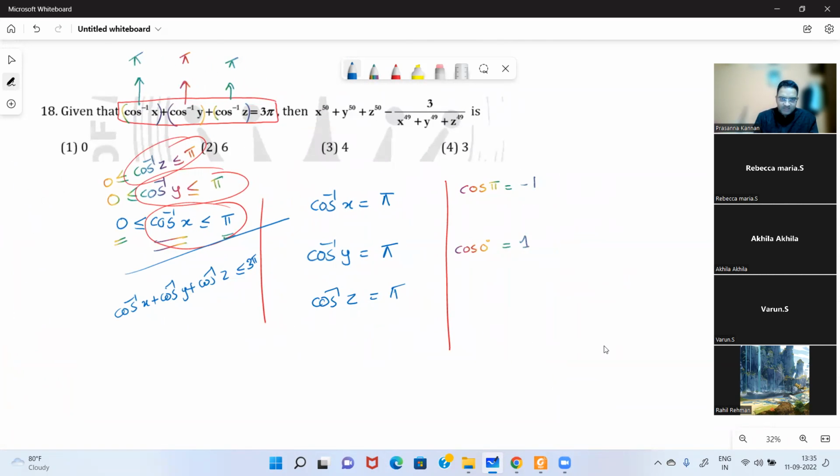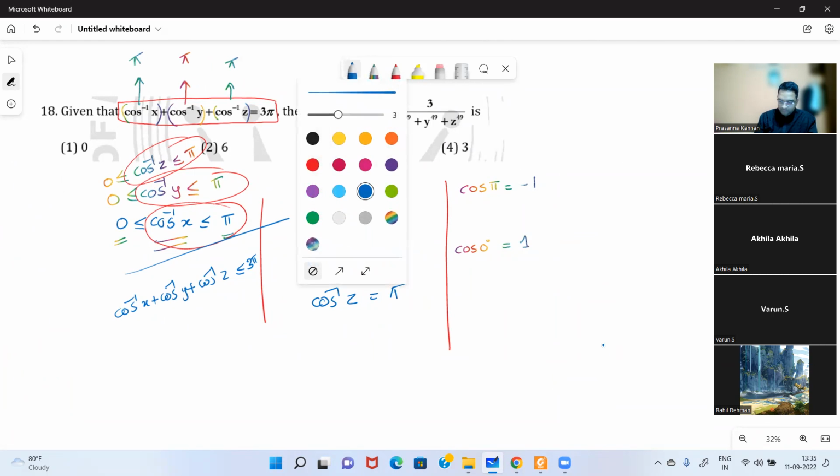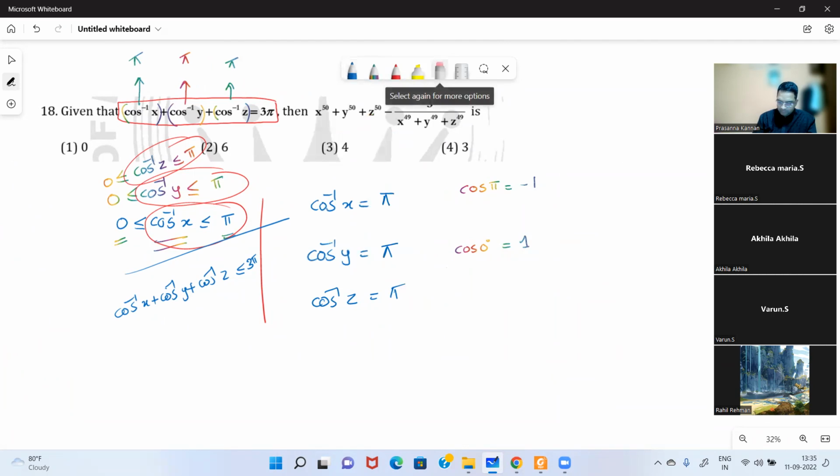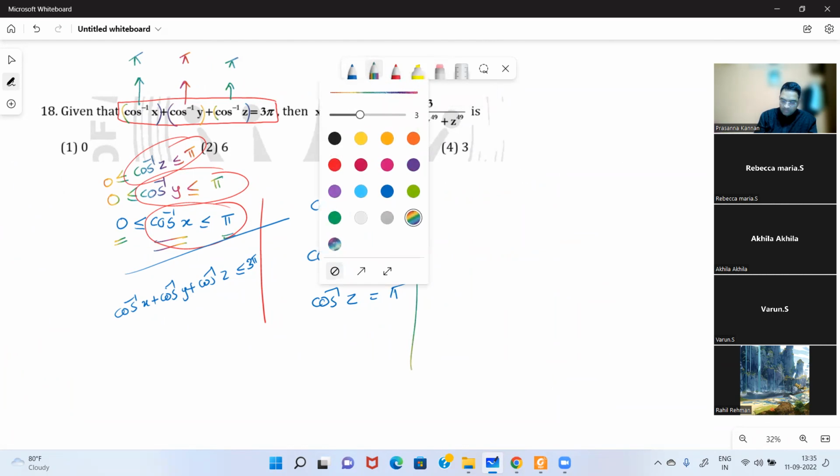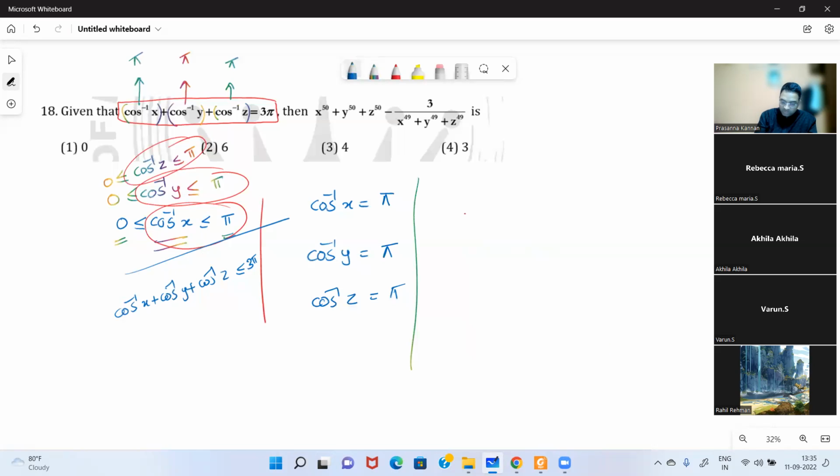If cos inverse x is pi, then what is x? Cos inverse x is pi. So what is x equal to? Cos pi. Cos inverse y is pi.